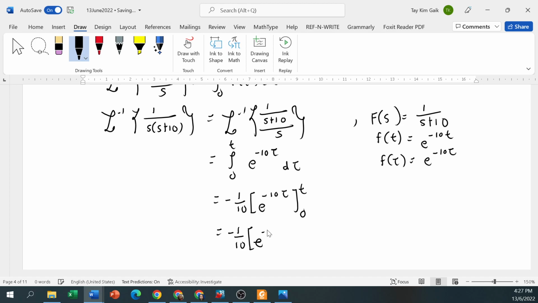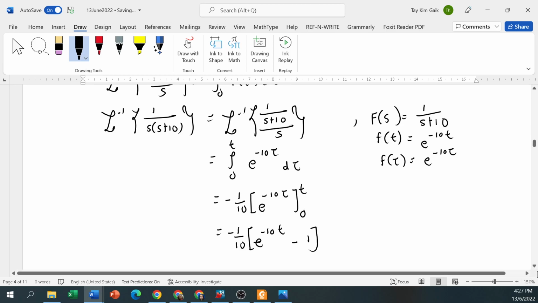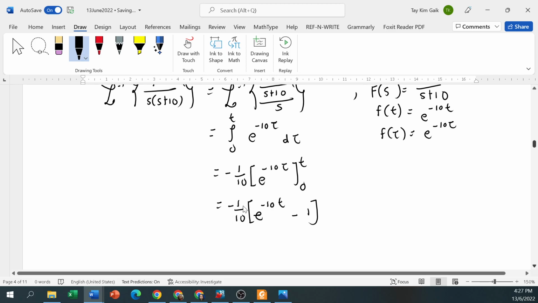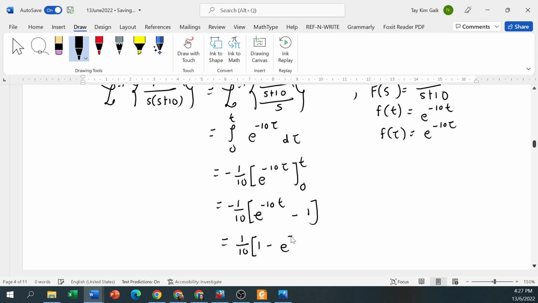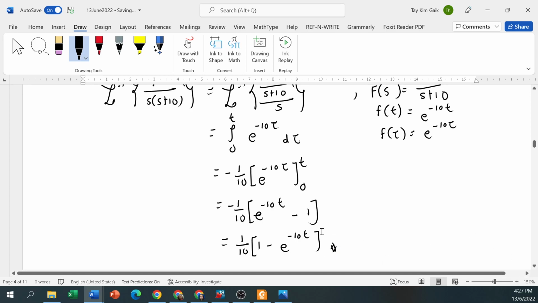So it's e^(negative 10t), and when you plug in 0, e^0 is 1. Then changing back, this is 1 over 10 times 1 minus e^(negative 10t). So it tallies with the answer that we obtained using partial fractions and the convolution theorem.